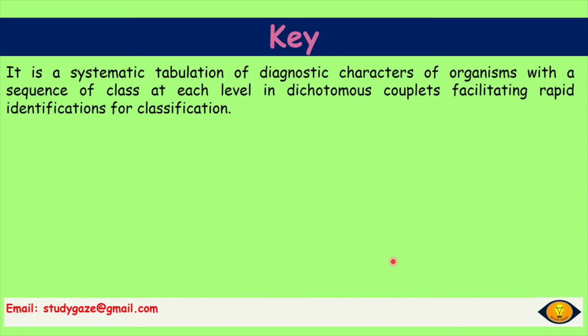That means key is a method of identifying the character of any organism such that we can place the organism in the correct classified position with the correct scientific name and a hierarchy with it.